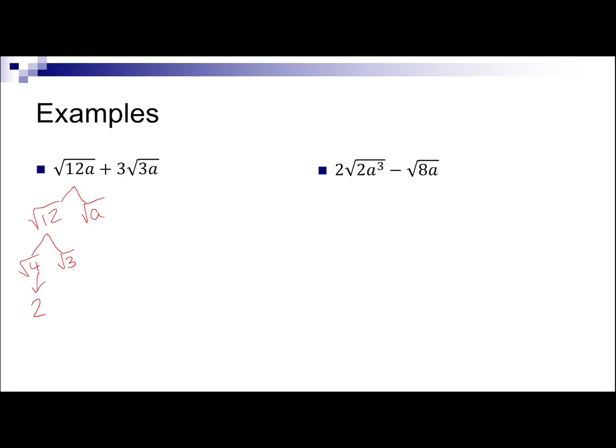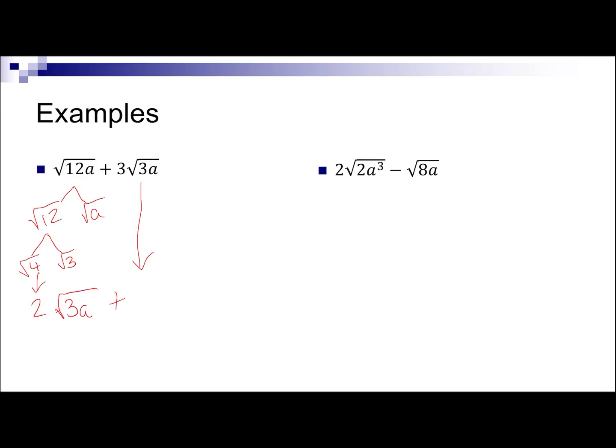Radical 3 cannot be simplified. Radical a can also not be simplified, so we're going to combine by multiplication the 2 radicands. So radical 12a simplified becomes 2 radical 3a. And radical 3a cannot be simplified because, again, radical 3 can't be simplified and radical a can't be simplified.